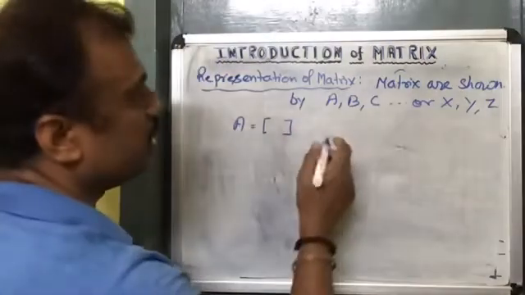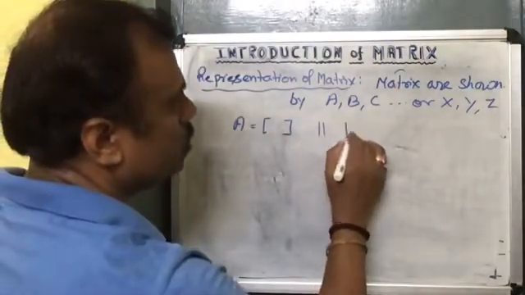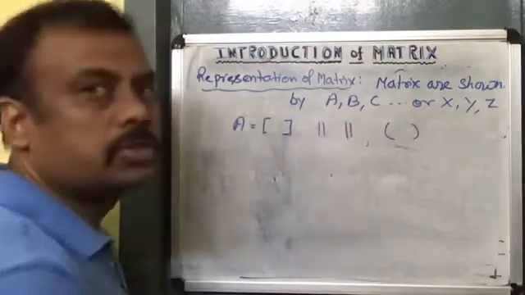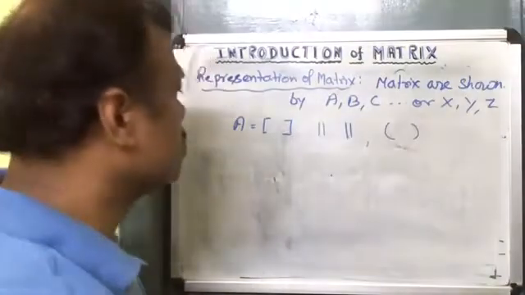We can represent it with this type of bracket also, or this type. There are three ways to represent a matrix.